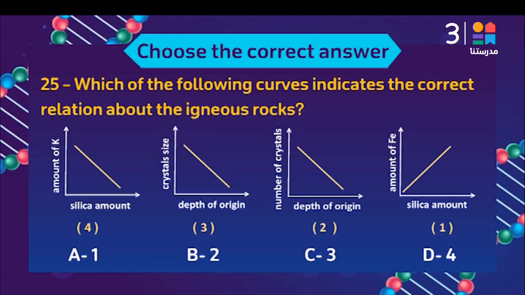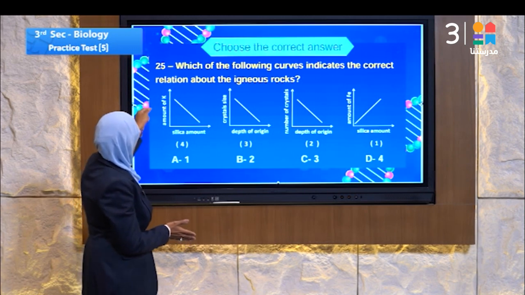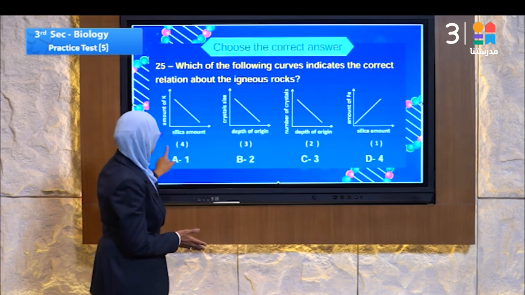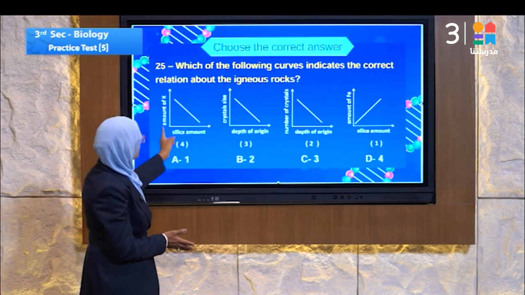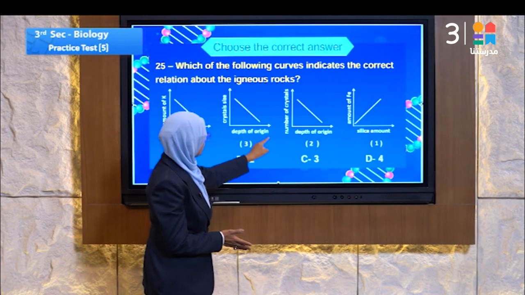Let's go to question number 25. Question number 25 speaks about earth science again. Which of the following curves indicates the correct relation about igneous rocks? Here the relation speaks about the amount of potassium or the amount of silica. That's number 4, crystal size and depth of origin.